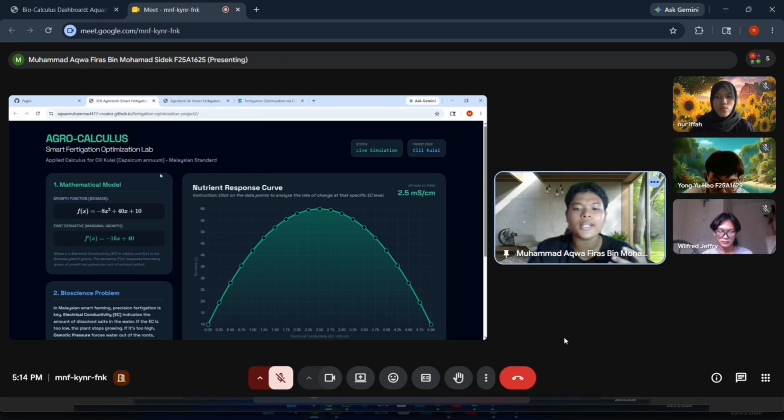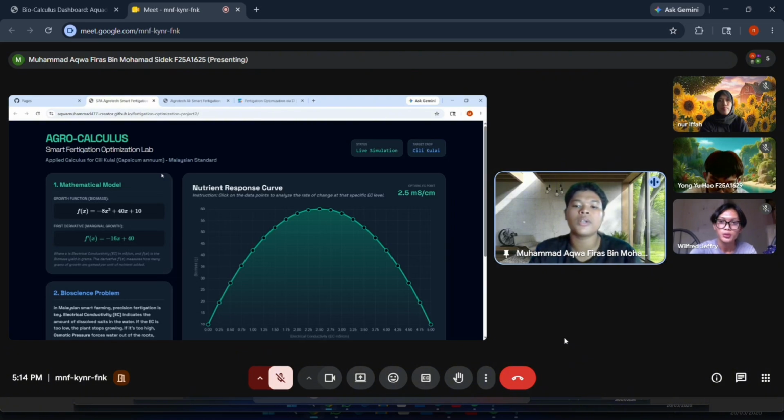However, if we exceed the biological limit, we encounter nutrient toxicity. In Malaysia's tropical climate, managing this balance is difficult because the high evaporation rate can quickly concentrate salt in the soil, leading to root dehydration.